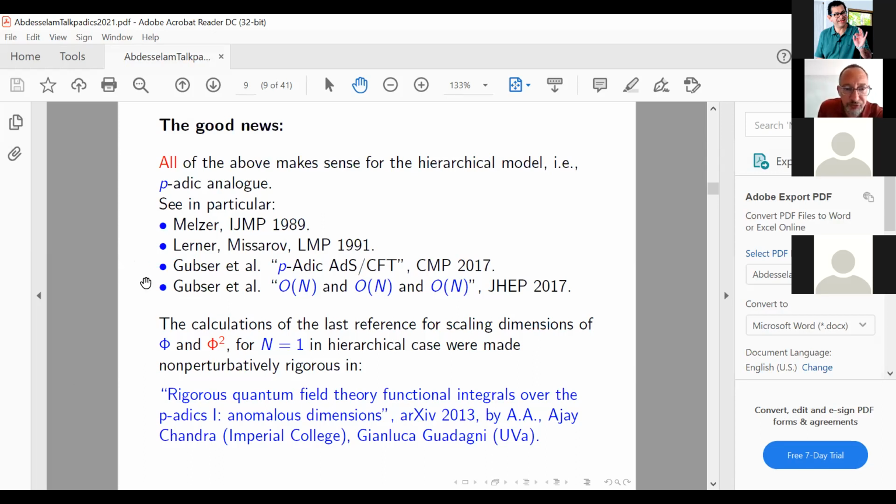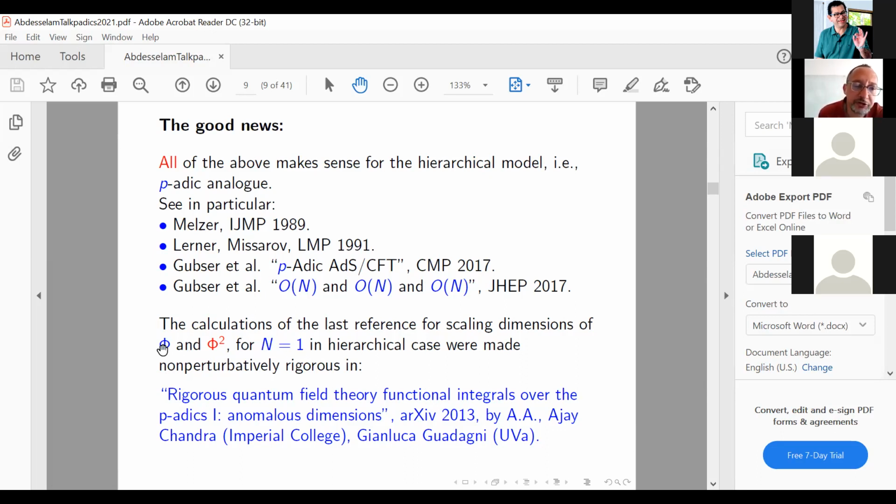And more recently, there's been work by Gubser and co-workers to define this AdS/CFT correspondence in this situation. So the main result I'm going to talk about is this paper from 2013 with my former student AJ Chandra, who is now at Imperial College, and my colleague at Virginia, Gianluca Guadagni. There we basically construct one of these, where n is the number of components, and we just take n equal 1, so a scalar field.